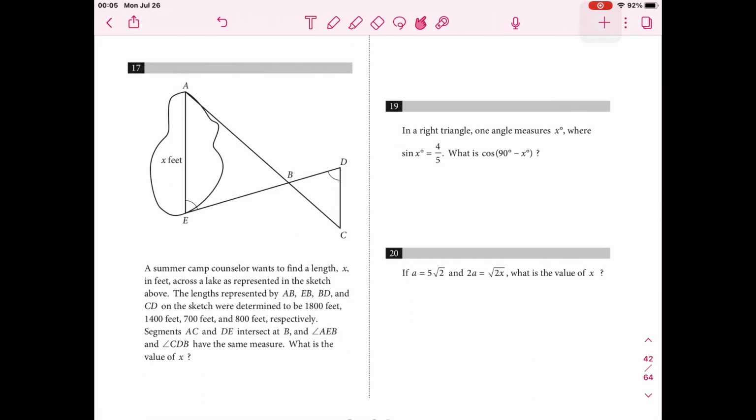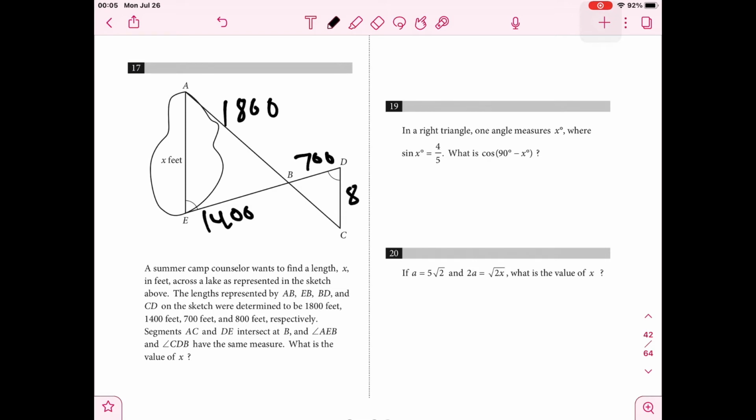Okay. Let's define length in x feet. Okay, AB is 1800. EB is 1400. BD is 700. And the other one is BC is 800.